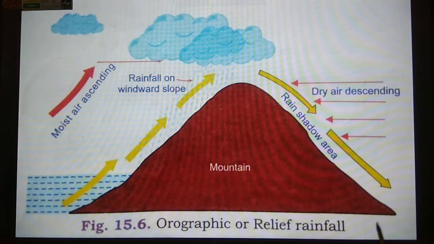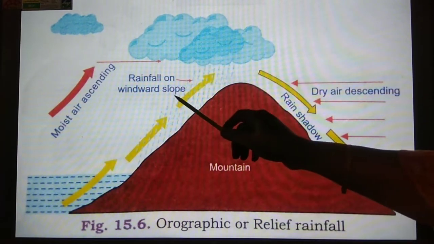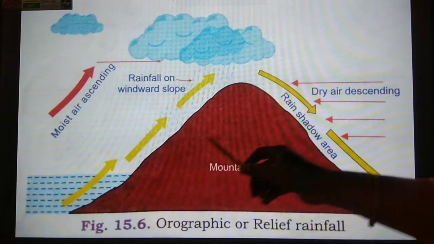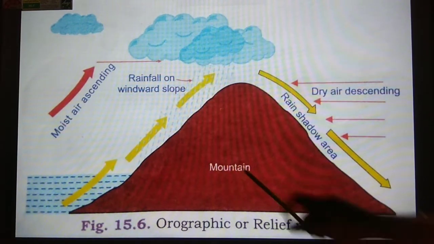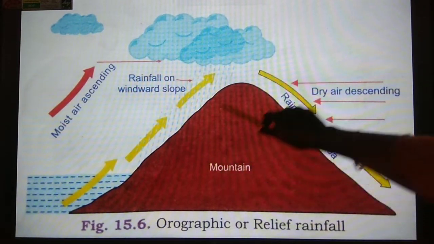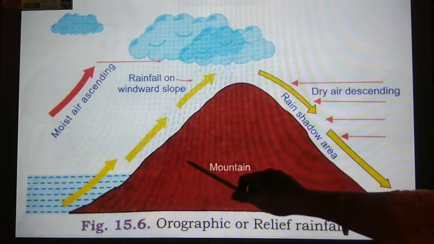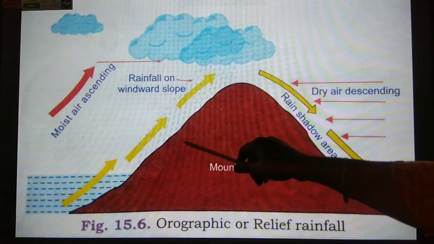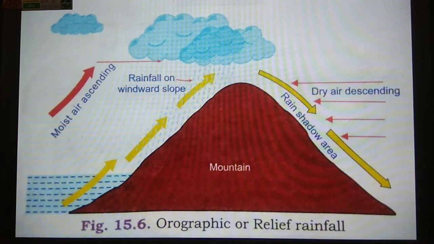Relief rainfall is also known as orographic rainfall, and it occurs from the cooling of the warm moist air which ascends above the mountain with the slope. As it goes up, the temperature comes down. So this moist air condenses, makes the clouds, and gives the rain.